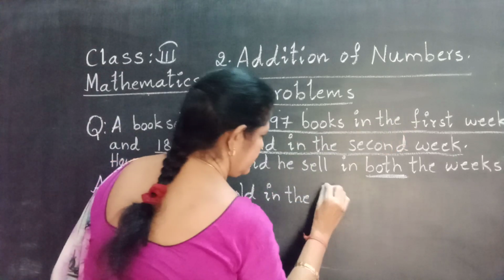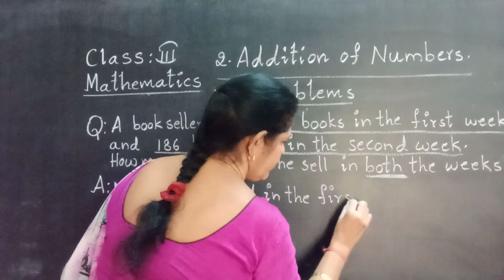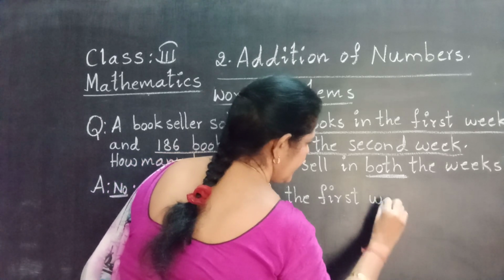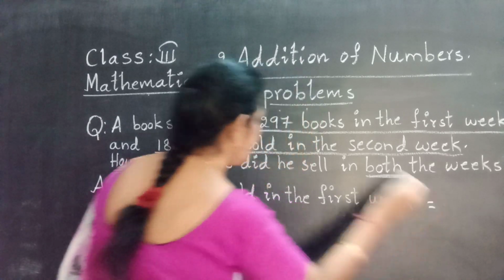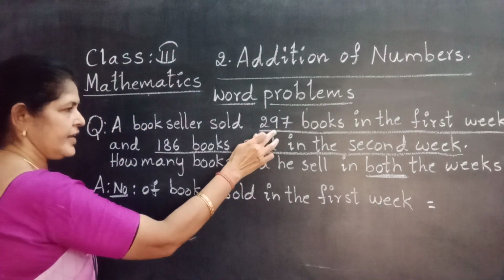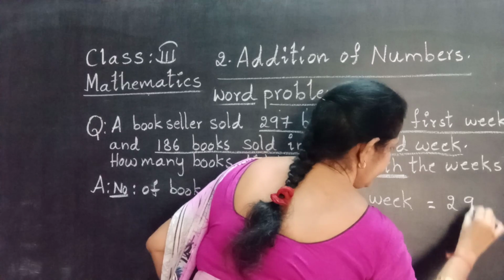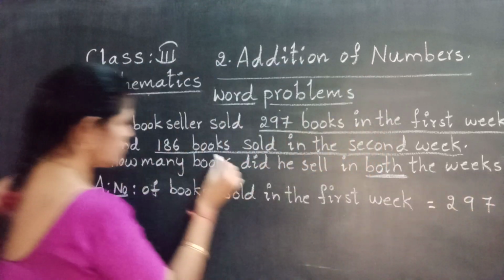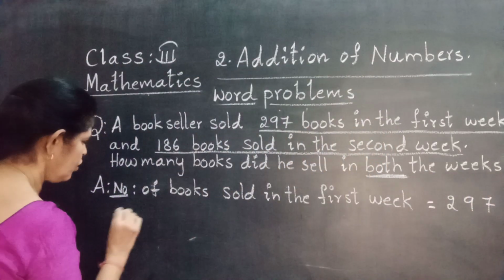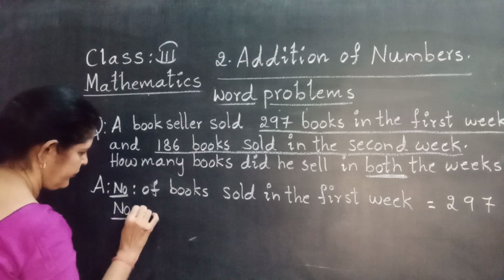Same words. Your number is this. That's why we are writing number. The number comes on the right side. 297.